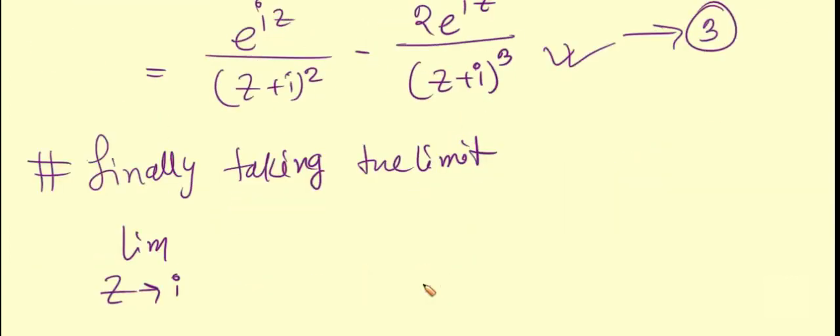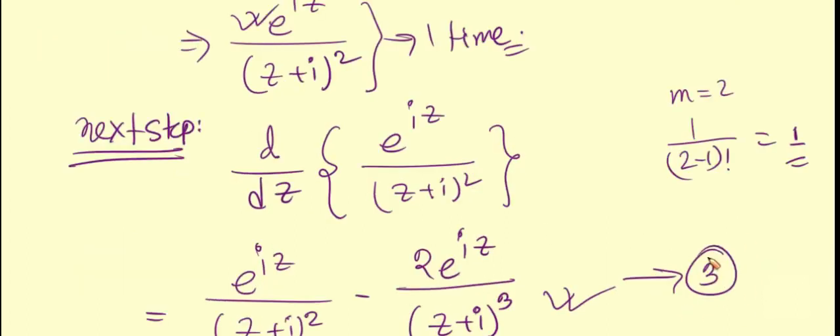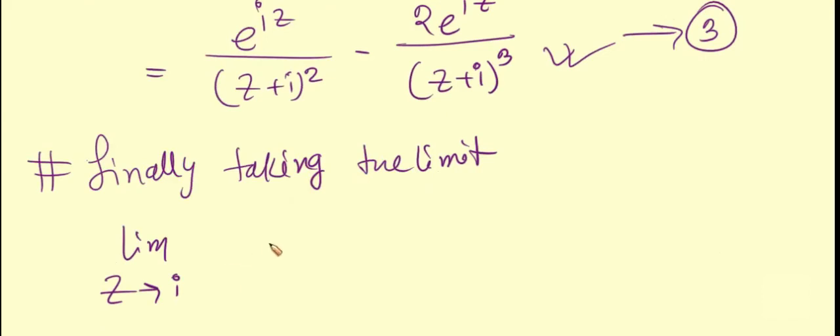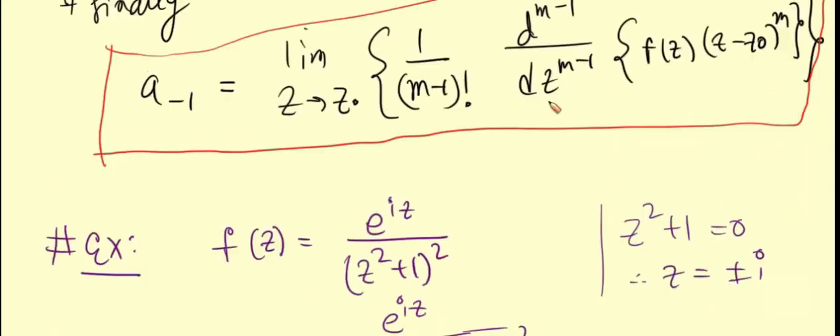And obviously there is this 1 that is coming from this 1 divided by (m minus 1) factorial where m equals 2, but since this is just 1, we don't need to write that. And we need to take the limit of 3, because that's the differentiation we did to complete this part first.